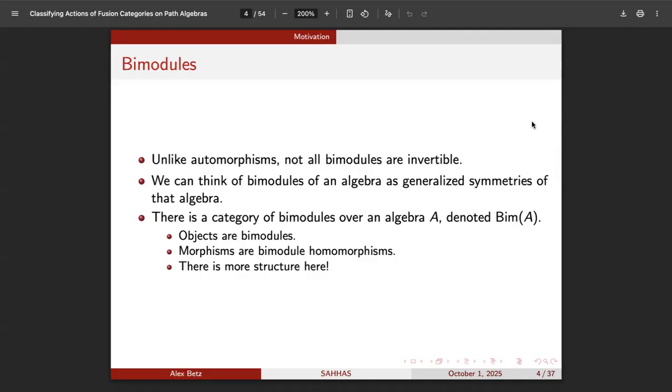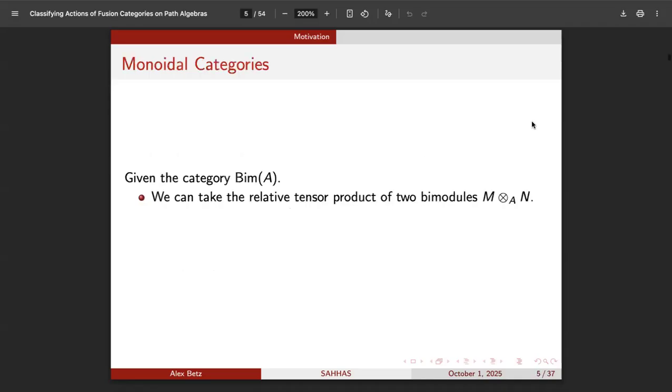The objects here are bimodules, and the morphisms are going to be bimodule homomorphisms, right? But with this category, this is not the end of the structure. There's actually more structure on top of just objects and maps between them. So let's dive into that a little bit. Given the category BIM-A, we have a tensor product, right?